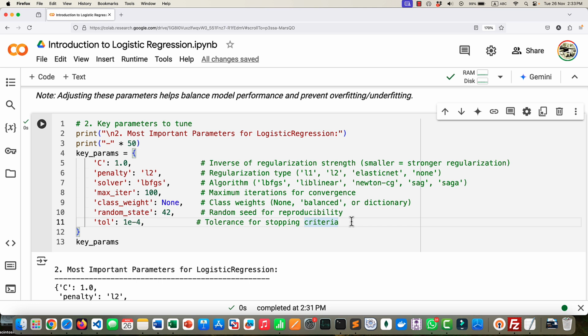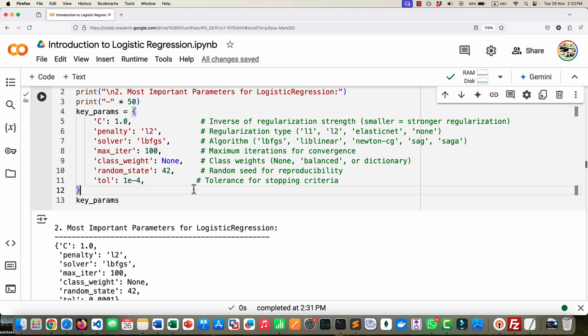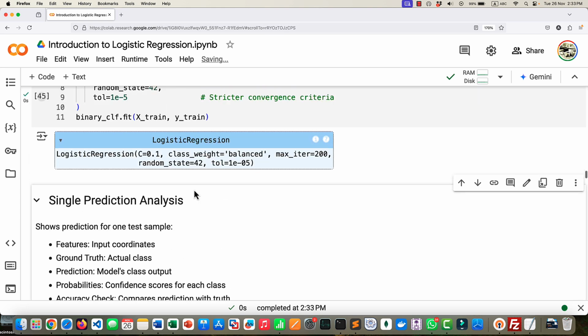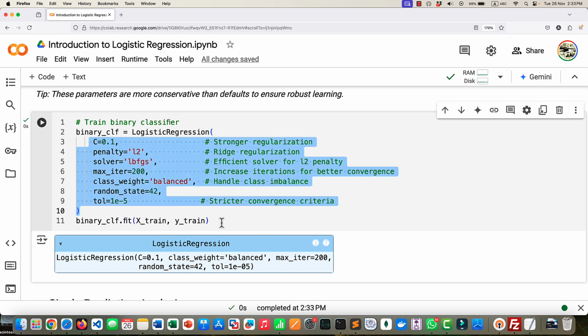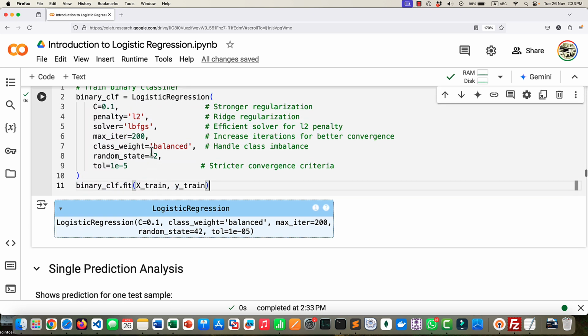This is like the tolerable error. If you reach a loss of 0.0001, then you can stop the training. So this is the logistic regression that we defined with these parameters, and then we can use dot fit. If you want to train more, you can change this parameter, so you can train it for a longer time.